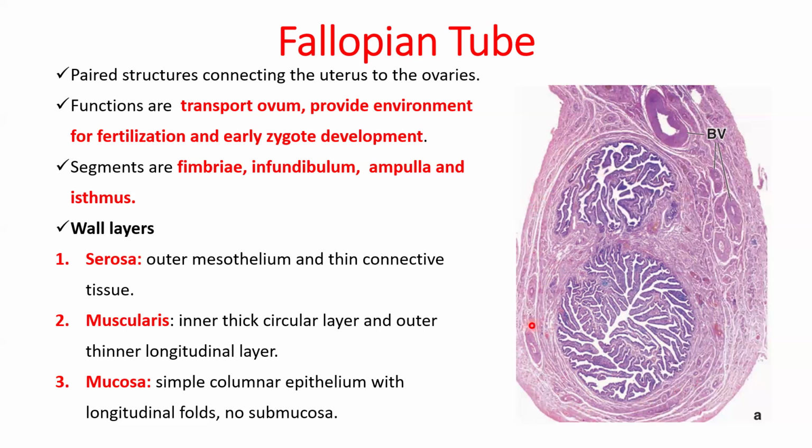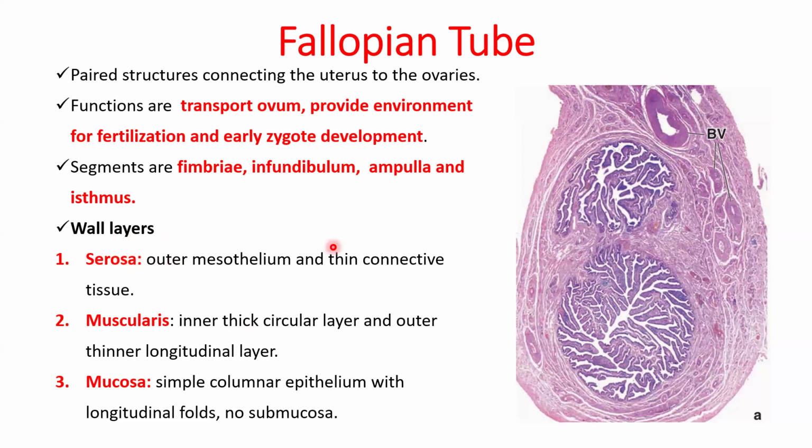These are muscular components, and the muscular component will contain, just like any other tubular tissue, a thick inner circular layer and an outer longitudinal layer, which are just smooth muscles. So characteristics of smooth muscles will be there, spindle-shaped and others.